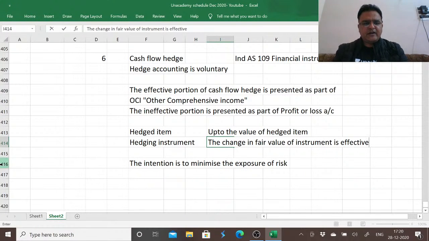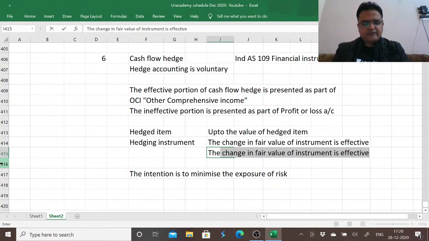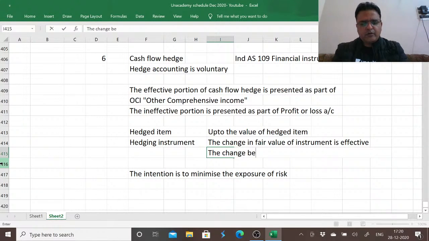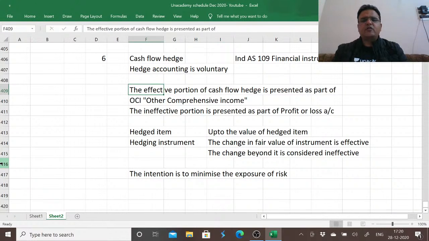If it goes beyond it, the change beyond it is considered ineffective. Our intention was that if it settles up to the value of hedged item, we are happy with it, we do not wish to gain out of it. But if it goes beyond it, that is considered ineffective. So the effective portion is taken to OCI, the ineffective portion is presented as part of P&L.